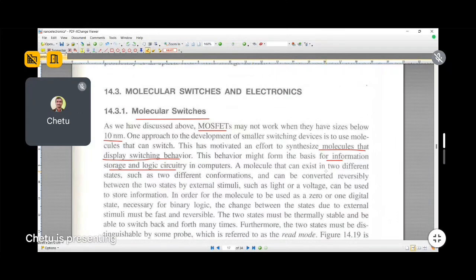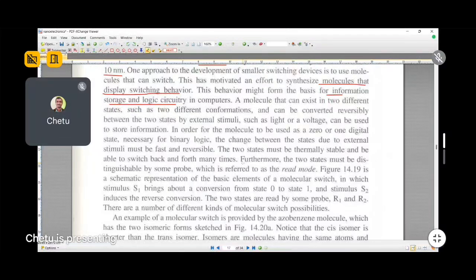A molecule that can exist in two different states, such as two different conformations, can be converted reversibly between the two states by external stimuli. Light or voltage can be used to store the information. For that purpose, one state of the molecule can be considered a zero, and the other state can be considered a one using binary logic.